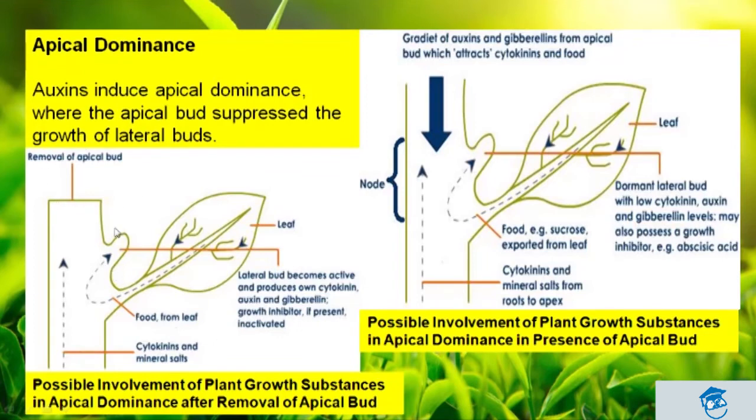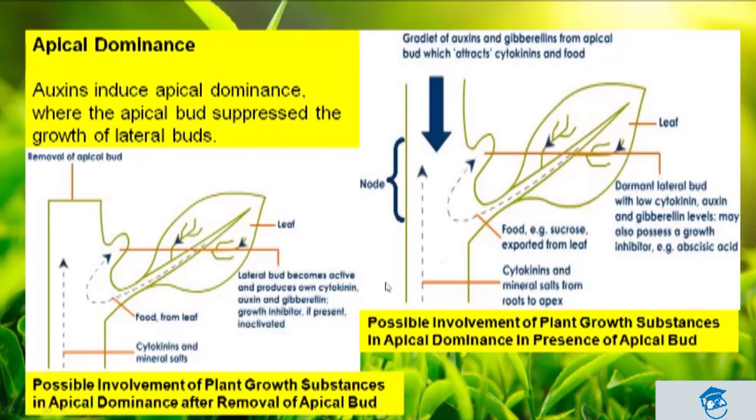Okay, so this is the decapitated position where removal of the apical bud has taken place, and this is the lateral bud, and this is the leaf. See, lateral bud or axillary bud, they both are same. It is present at the position between the stem and the leaf. So this is the lateral bud that becomes active and it produces its own cytokinin. Cytokinin is also a plant hormone, which I'll explain in detail.